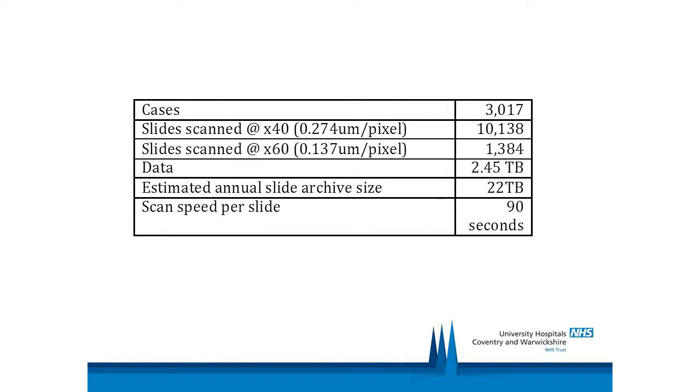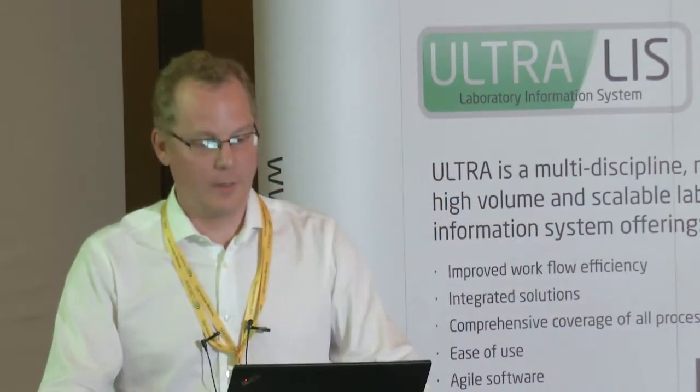We just did 3,017 cases, and that worked out in terms of data to be 2.4 terabytes of data. So we predict that our annual slide archive is going to be in the region of 22 terabytes, which is considerably less than we thought it would be at the start of this project. We were anticipating it to be around 30 terabytes.